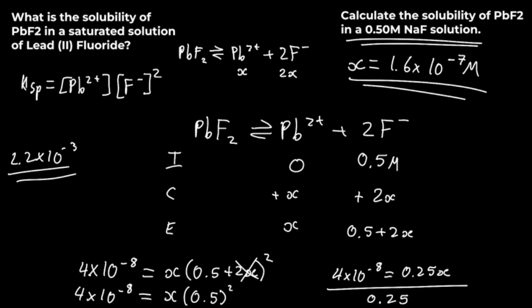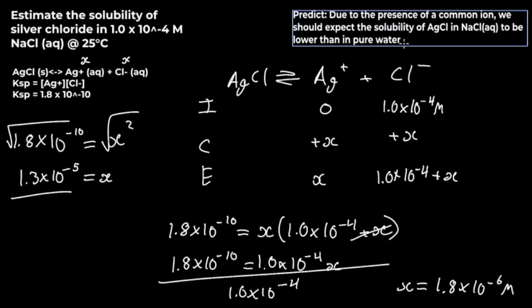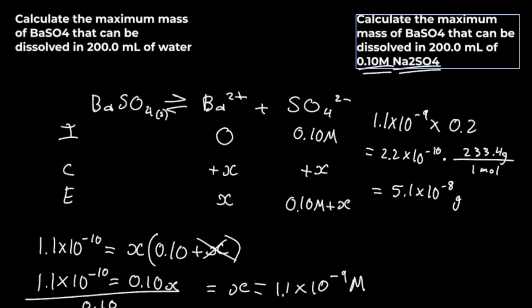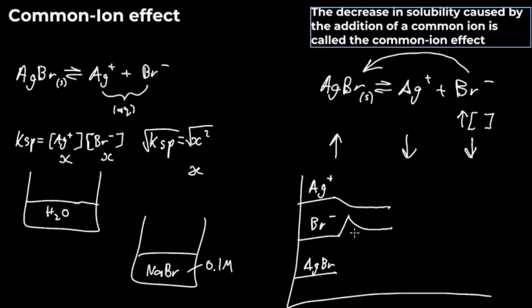We can predict that the solubility will be lower when there's a common ion than if there wasn't. And the presence of a common ion will decrease the solubility of a given solid because of Le Chatelier's principle, increasing the concentration of one ion, which causes it to shift over to precipitate, which means that it's less soluble.